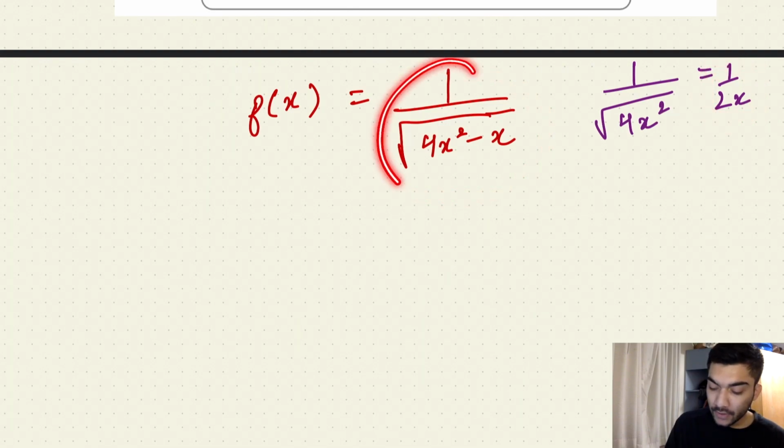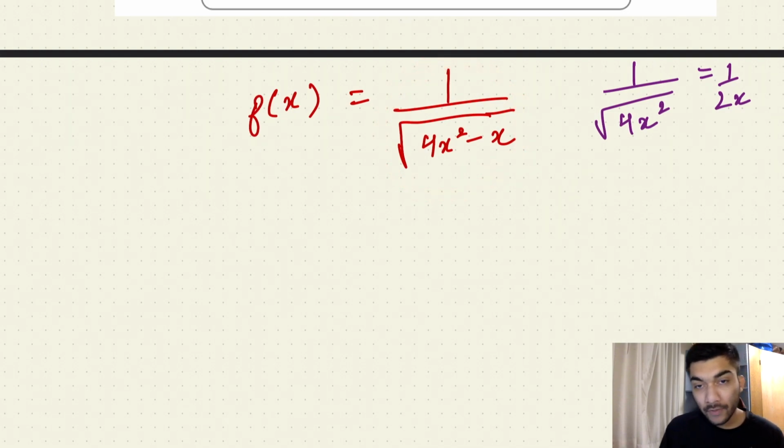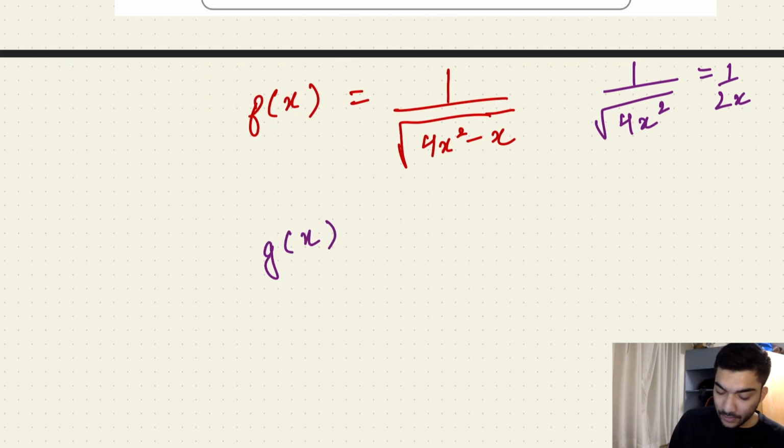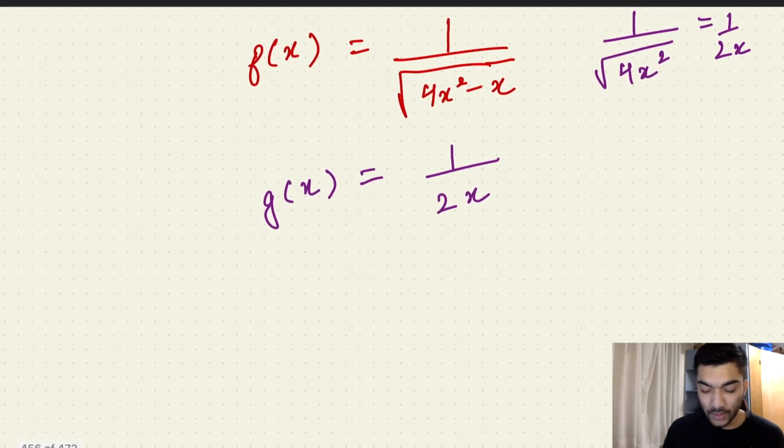And this second function also simplifies our first function over here, right? In 4x square minus x, I can simply remove the minus x to make this function simpler and come up with our second function. So now, based on comparison, we can clearly see that we can come up with the second function, which is 1 over 2x in this case.